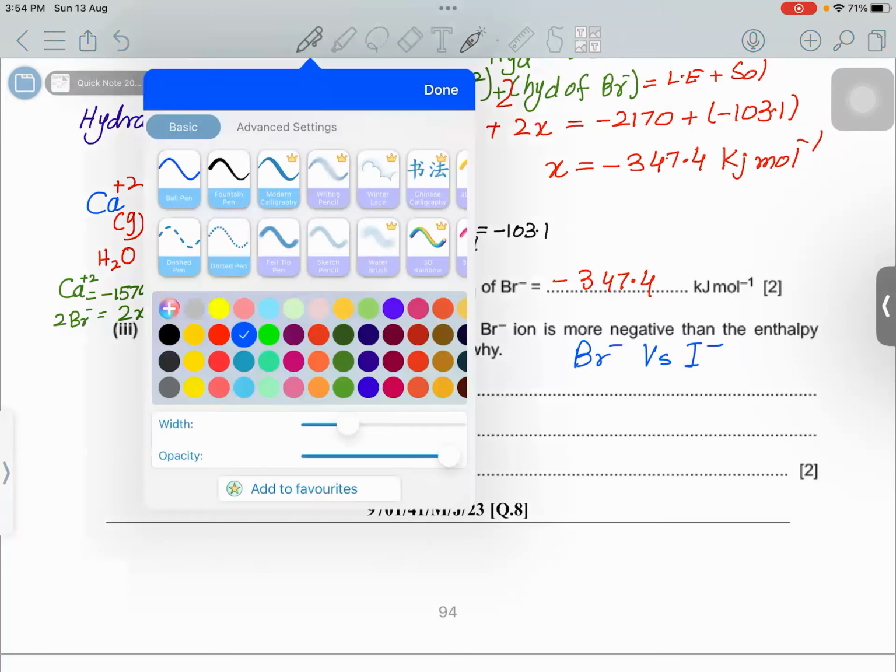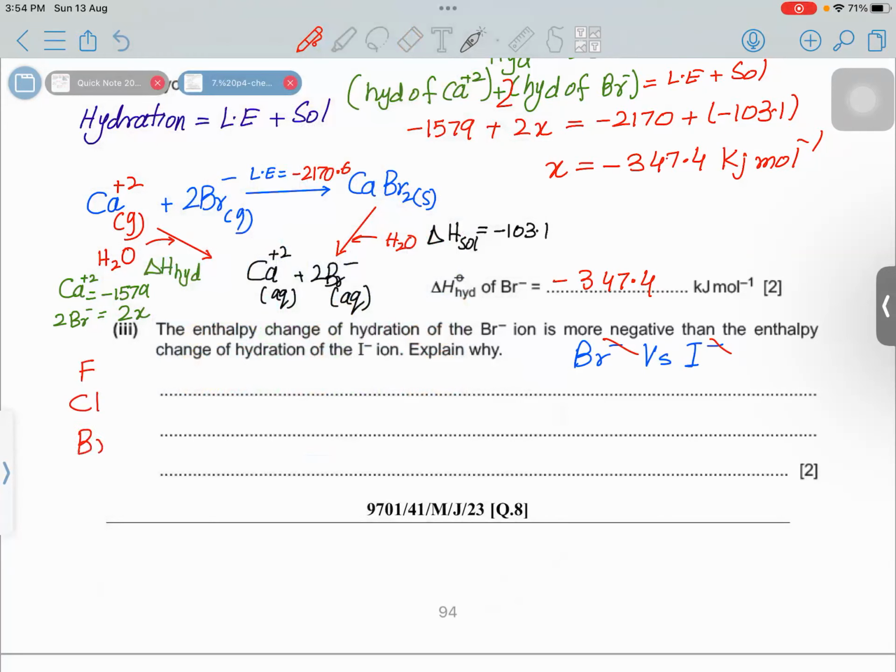Fluorine, chlorine, bromine, iodine, astatine. Which one is smaller? Bromine is smaller. So which one has more hydration?